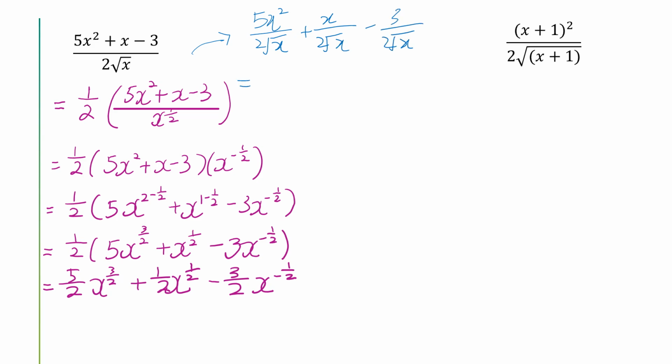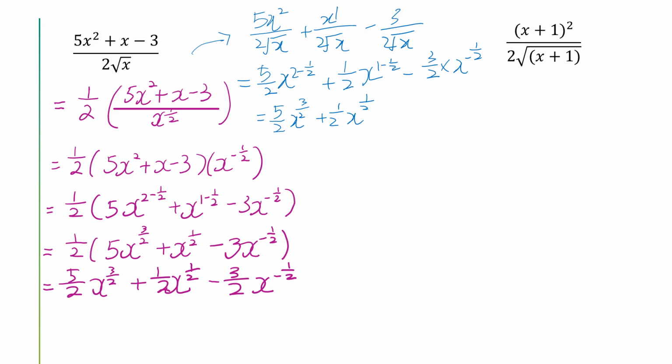Then from there, that will give you 5 over 2, and square root x is x to the power half, so that is 2 minus half, plus half x to the power 1 minus half, minus 3 over 2 times x to the power negative half. That will give you 5 over 2 x to the power of 3 over 2 plus half x to the power half minus 3 over 2 x to the power negative half, which is the same answer as what I did earlier.